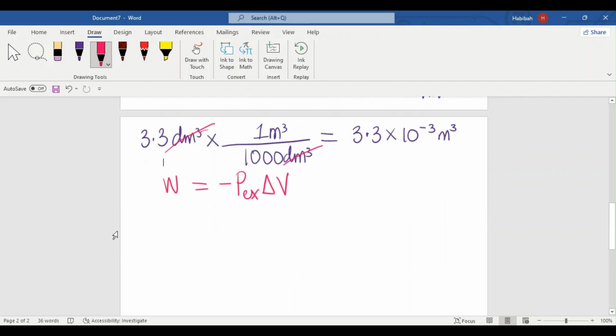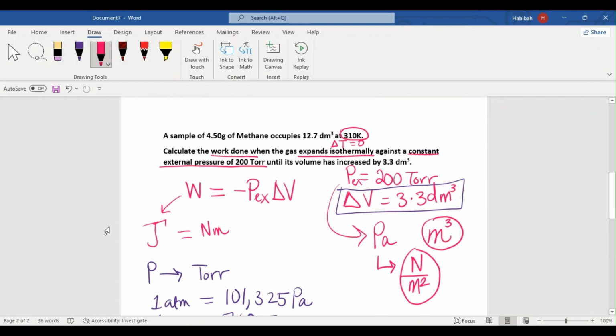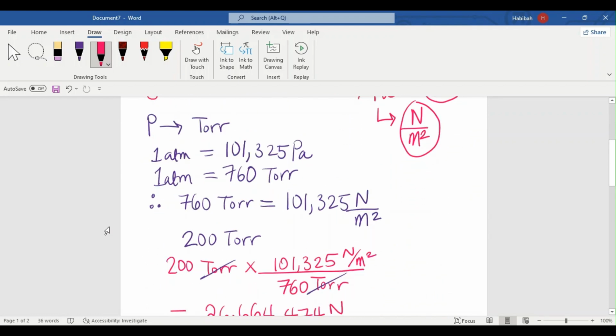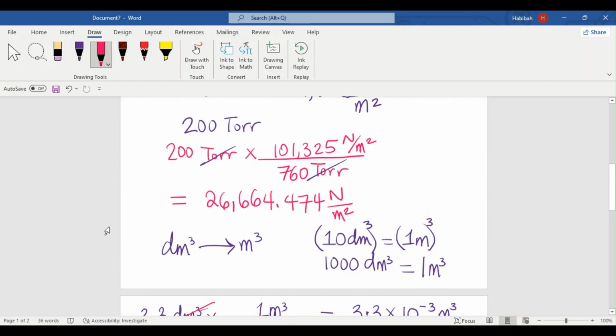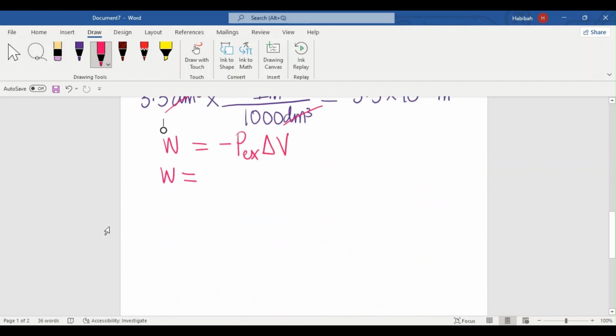So work done is going to be negative P external, which is the same thing as negative 26,664.474 Newton per meter squared.